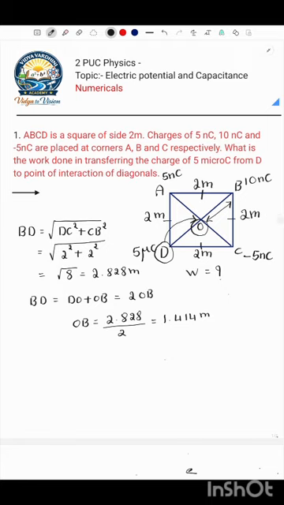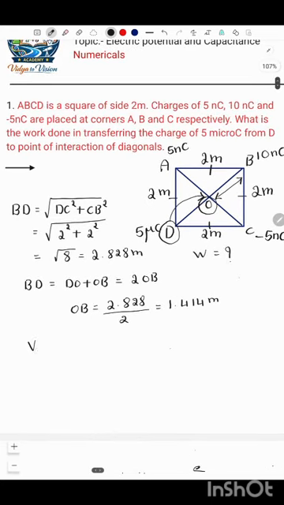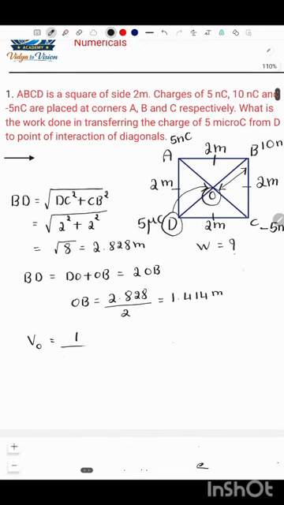Now we have to calculate the potential at point O, and at point D. First we will calculate the potential at O. Therefore VO is equal to, we know the formula, potential is 1 by 4 pi epsilon.